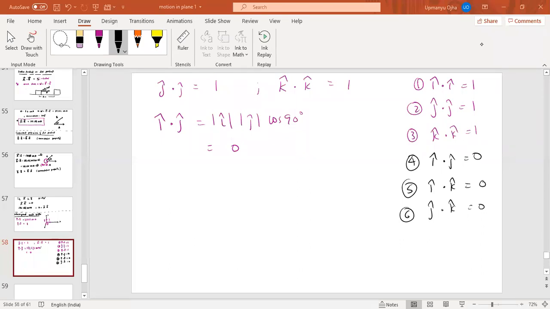Why should we multiply 3 vectors? I dot j dot k. Again the answer will be 0 only, because I dot j is 0, so 0 dot k is 0.